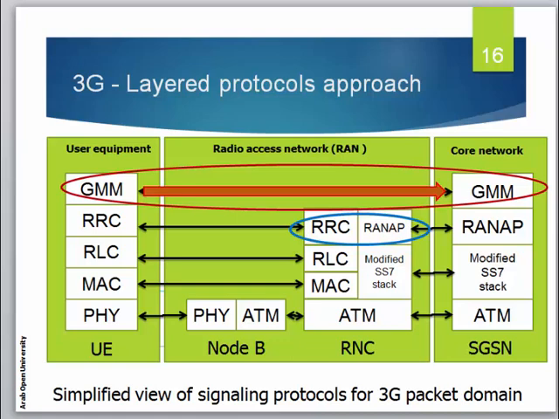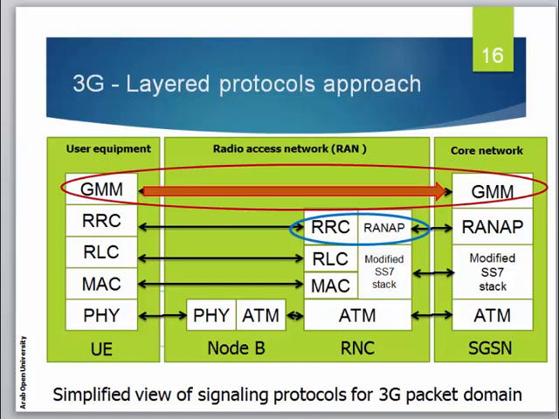GMM messages are carried over the intermediate nodes, which are Node B and the RNC, by lower level protocols: the Radio Resource Control, RRC, and the Radio Access Network Application Protocol, RANAP. RRC and RANAP transport the GMM messages but don't alter them in any way.